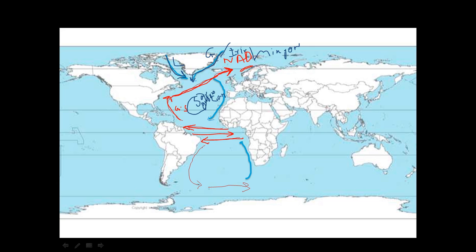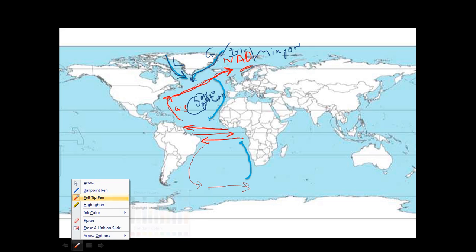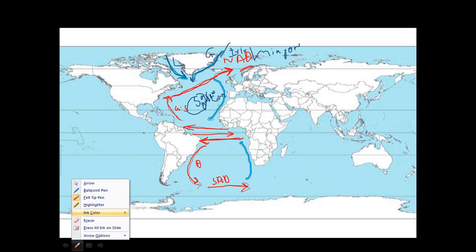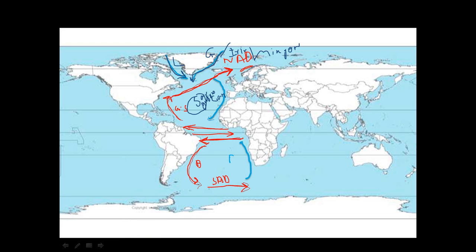Now applying the same logic to the southern Atlantic Ocean. So here we have the south equatorial current, then we have the Brazilian current, then we have here the South Atlantic drift, and then we have here the Benguela current, which will be the cold current.